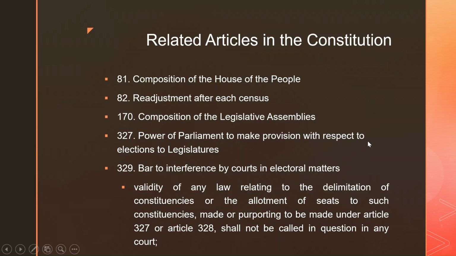Next, Article 329, which states bar to interference by courts in electoral matters. This is particularly a bar on judicial review. Courts cannot question the delimitation orders once finalized by the Delimitation Commission. This ensures the finality of the delimitation decisions.